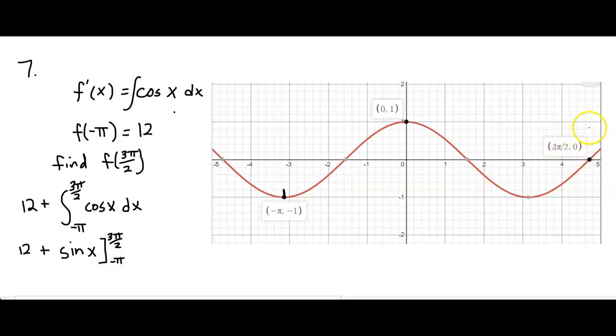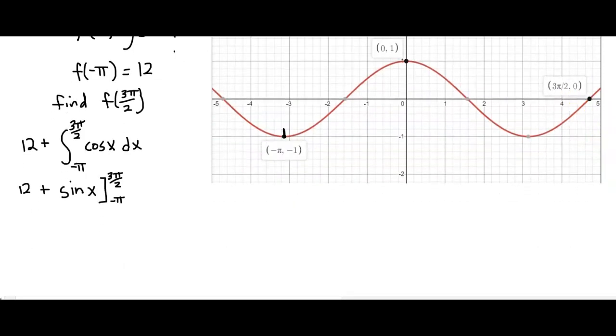Okay, so let me see here. So I have 12 plus, and then I'm going to put a bracket here: the sine of 3 pi over 2 minus the sine of negative pi.